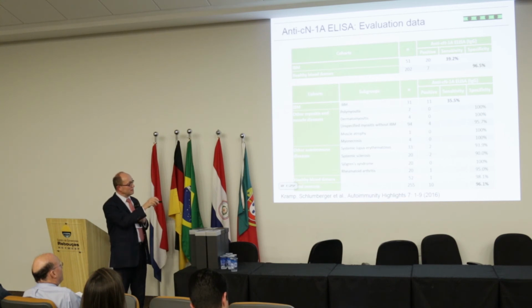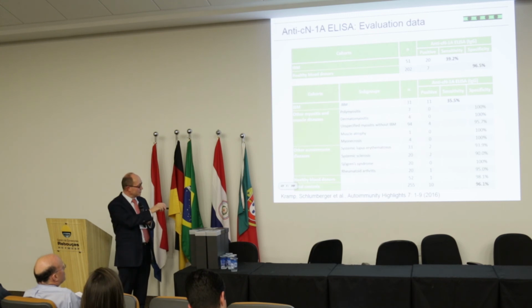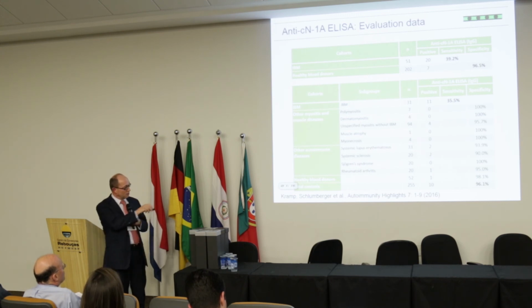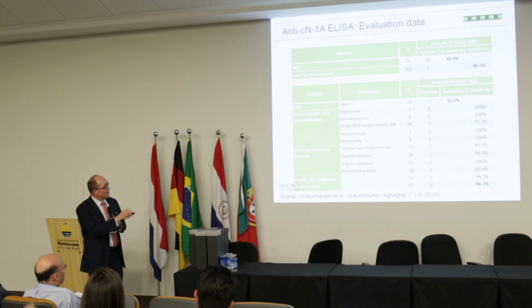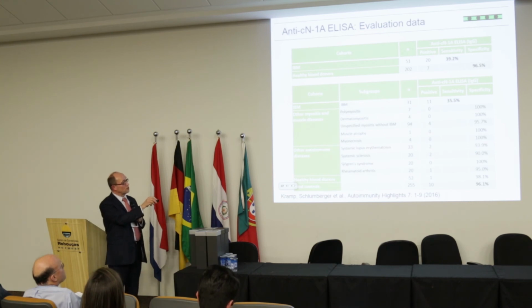And this was a study just recently performed at RDL in Los Angeles, which we just published, and got the notification last week. Prevalence in that cohort was 35%, so you see pretty much the same. Specificity was very reasonable. We could not find the antibodies in polymyositis or dermatomyositis, but the numbers are low.